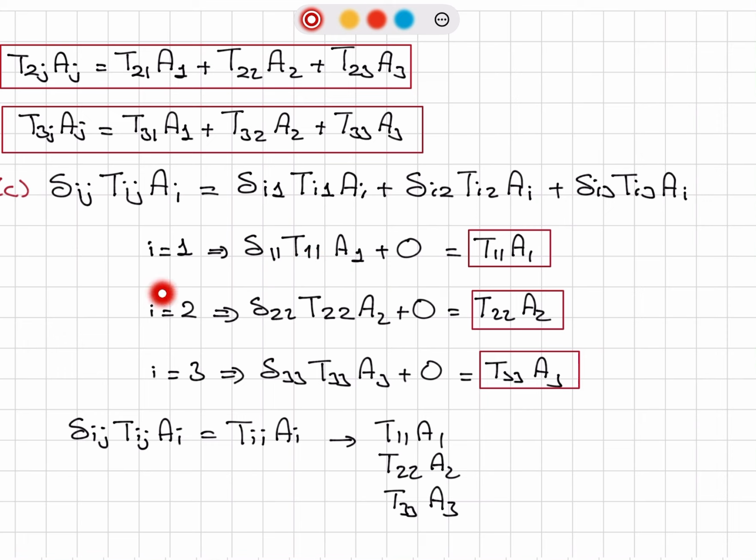If I substitute i equals 2, it gives me T22 A2. And if I substitute i equals 3, it gives me T33 A3. So the i index is repeated 3 times. That doesn't imply summation. So that's what we find out. The summation is implied if an index is repeated twice.